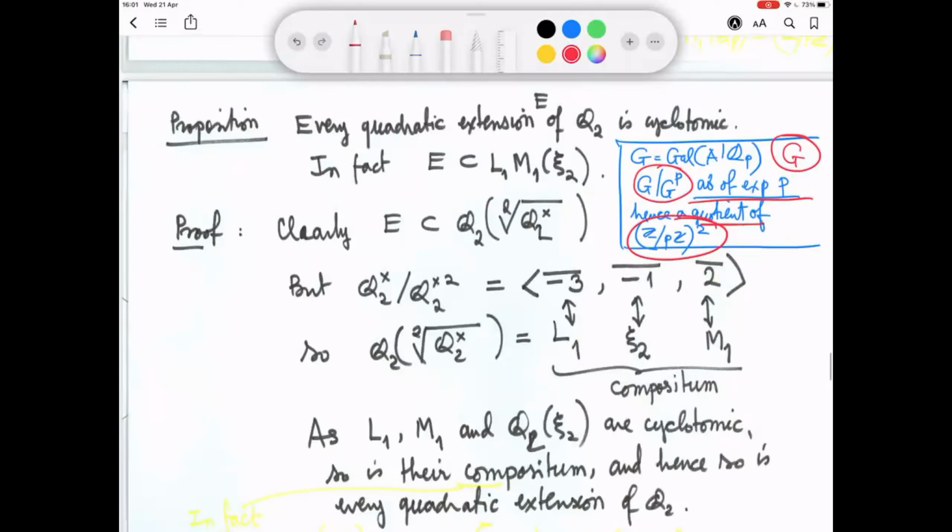Sir, I can see your screen. Whether others can? You cannot see the screen? No, sir. I can't see your screen. It's frozen.